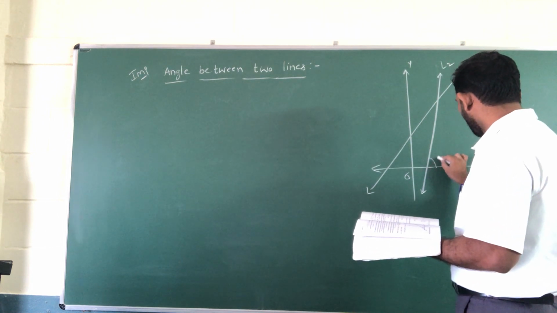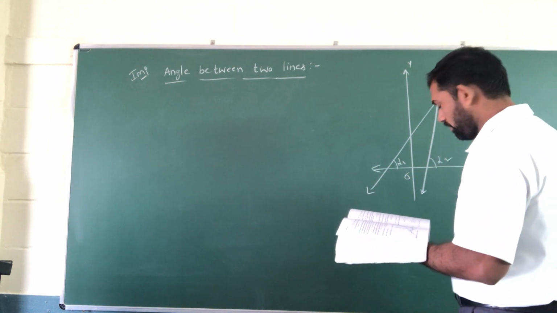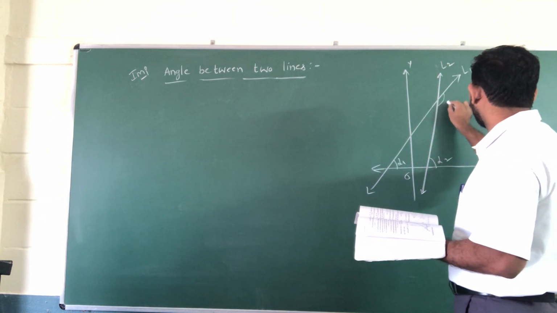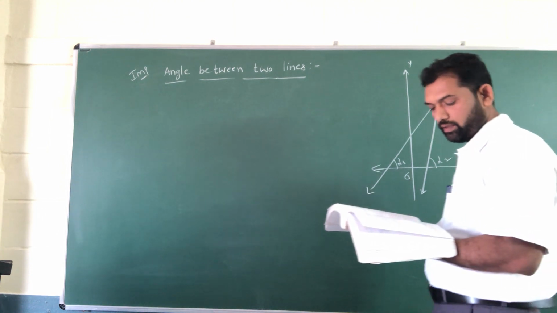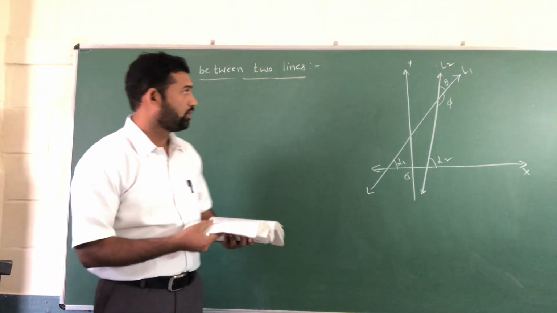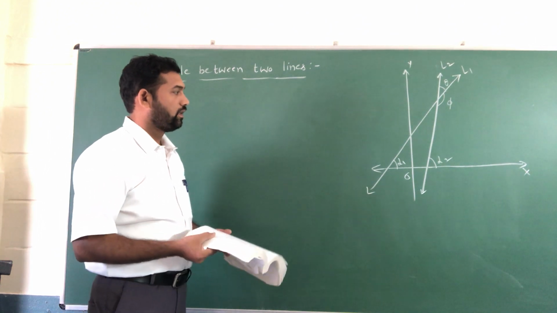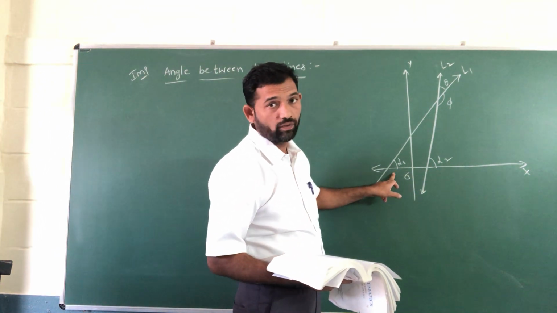L2 makes the angle alpha 2. This makes the angle alpha 1. This angle is phi, this angle is theta. That is the diagram, note it down. Here the angle made is alpha 2, here the angle made is alpha 1.